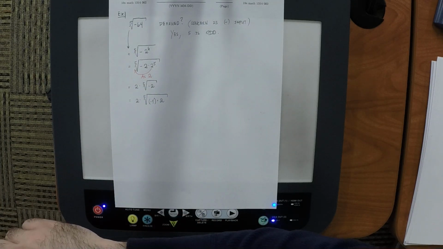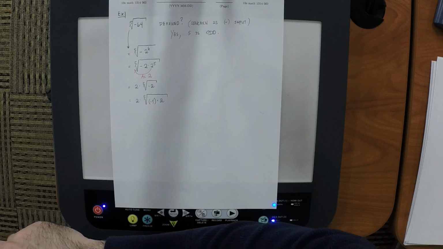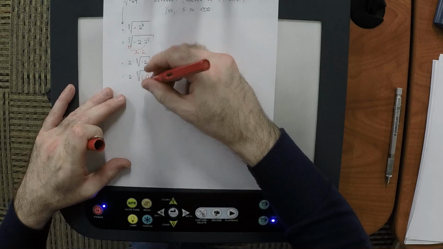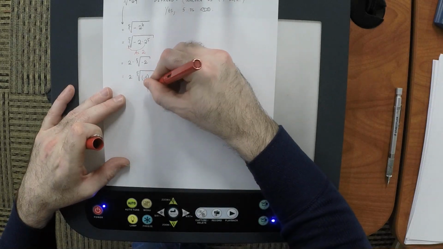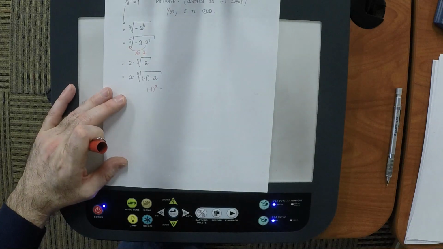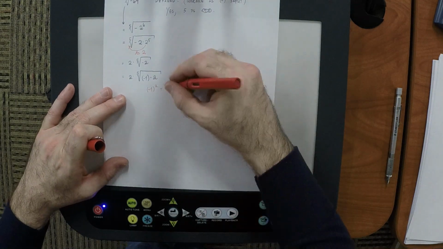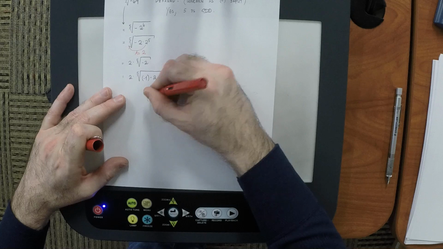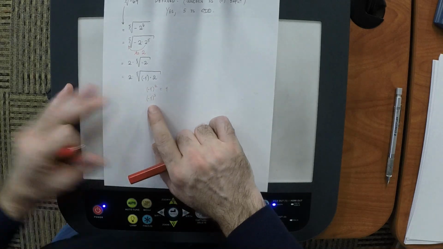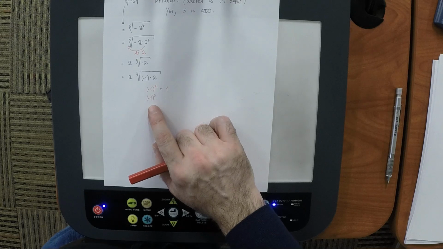And now I'm going to do a trick. So if we had negative 1 squared, then the negative would square away, right? And we'd have 1. And if we did negative 1 to exponent 3, then we'd have 3 of those negative 1's.